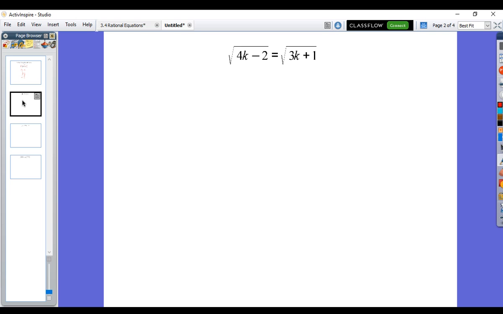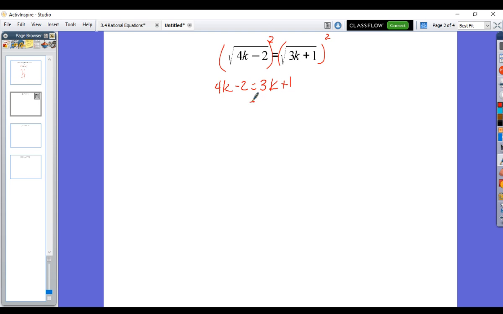So here, it's a double radical on two sides. So let's go ahead and square, same thing. We'll square this side, and we'll square this side. Again, when you square something with a radical, it gets rid of the radical, leaving us 4k minus 2 equals 3k plus 1. All right, so now the rest is just solving for k here.